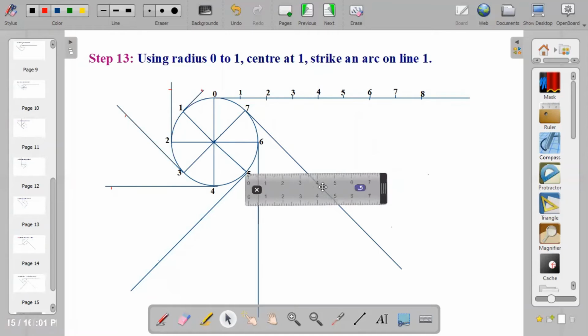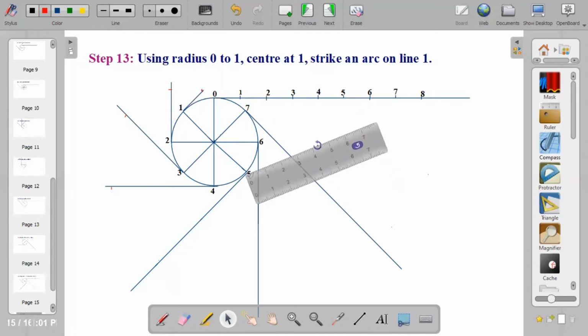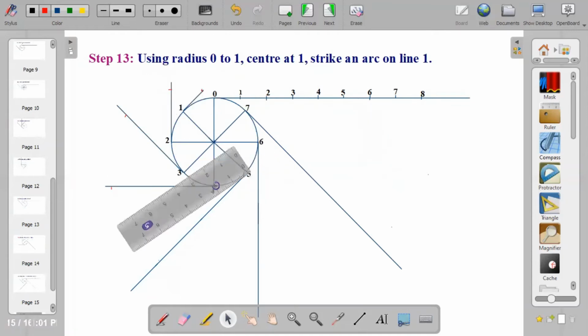So center at 5 using 7.5. Using 7.5, I'll mark off the distance on line 5 because I took the radius from 0 to 5. So I'll mark off on line 5.